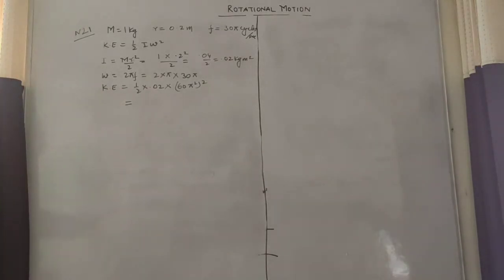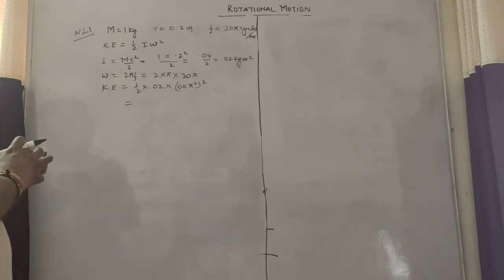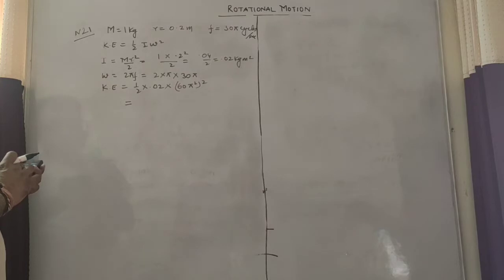Let me check whether it is correct or not. I have to check the answer. So it is 0.01 multiplied with 63.14 square. So your answer is varying.